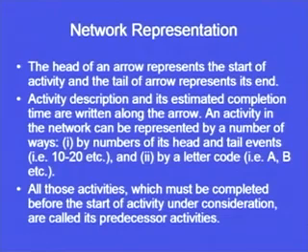An activity in the network can be represented in a number of ways: by the number of its head and tail events like 10, 20, so suppose the tail event is 10 and the head event is 20, it can be represented as 10-20, or by a letter code.